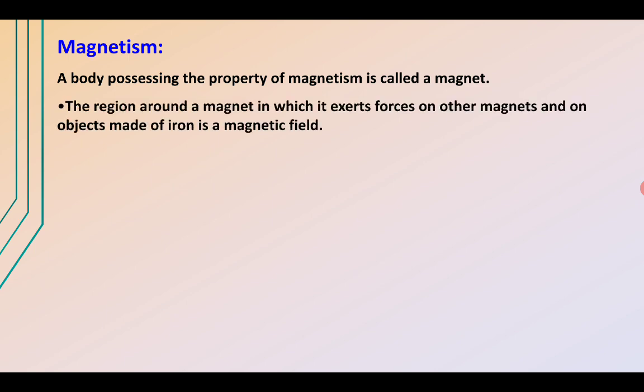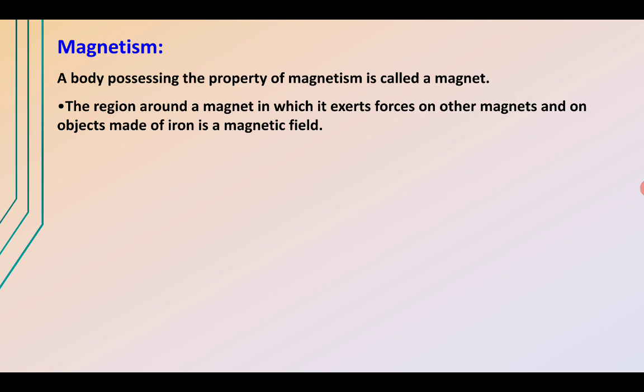Before discussing the properties, let us discuss the field or periphery of a magnet. The region around a magnet in which it exerts force on other magnets and on objects made of iron, cobalt or nickel is called the magnetic field.